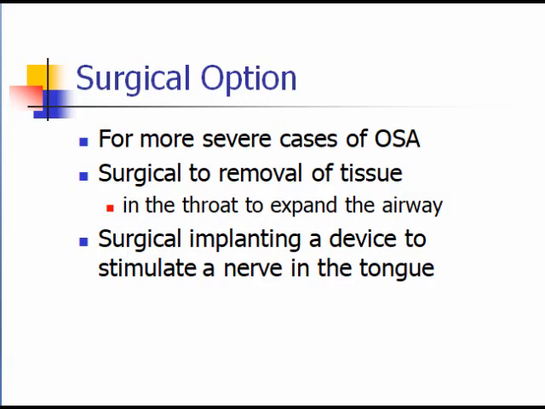Second one, which is used in less severe cases, is the surgical implanting of a device to stimulate the nerve in the tongue, and as you're breathing, when the tongue starts blocking the airway, it's tickled and the tongue moves out of the way, allowing the patient to breathe better.